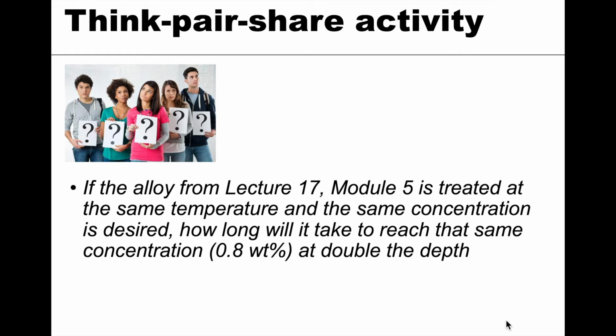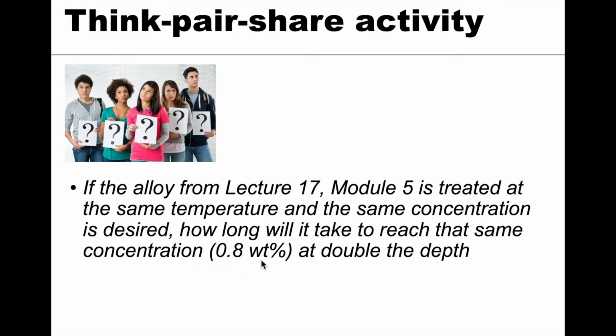All right, I do want to go over another question related to diffusivity, but also calling back to the example problem we did in the previous lecture. In lecture 17, module 5, we dealt with the carburization question, and we had a question about how long it took to get to the concentration of 0.8 weight percent.